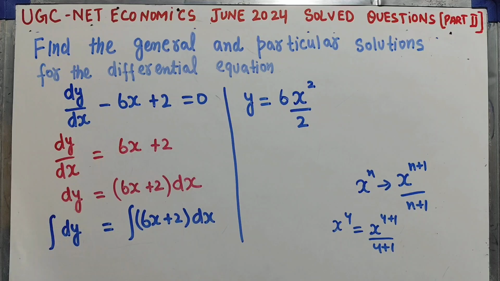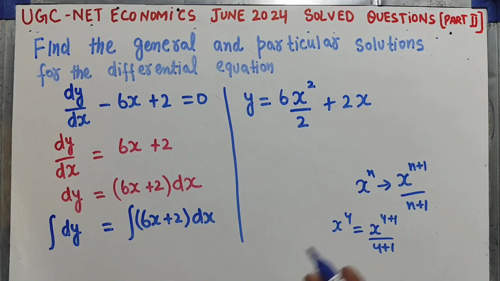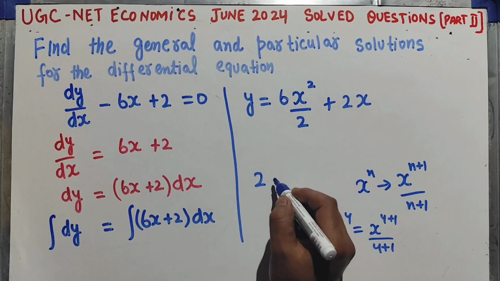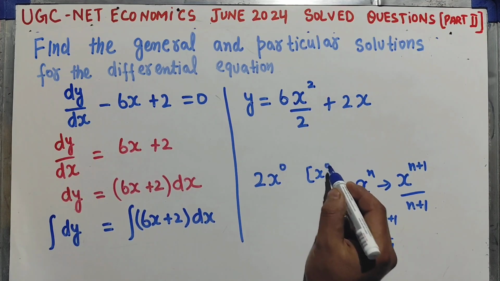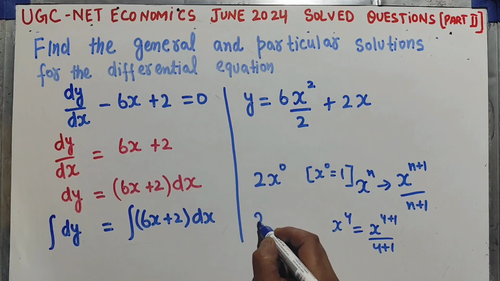Now the integral of 2 will be equal to 2x. How does this come about? We have only 2. Can we write 2 as 2 times x raised to the power 0? Because x raised to the power 0 is equal to 1. Now what will be the integral of x raised to the power 0?